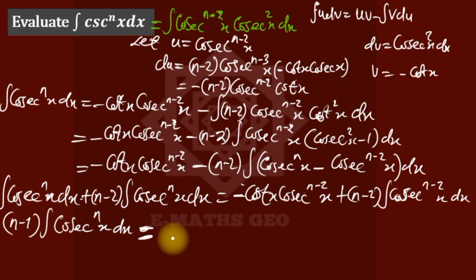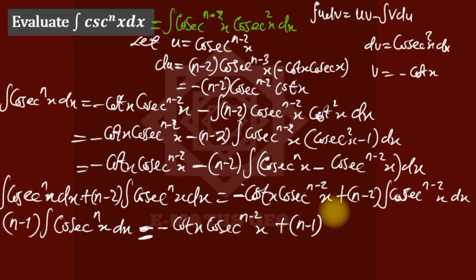So n minus 1 times the integral of cosec x raised to power n is equal to minus cot x cosec x raised to power n minus 2, plus this integral of cosec x raised to power n minus 2. So finally, what are we looking for?